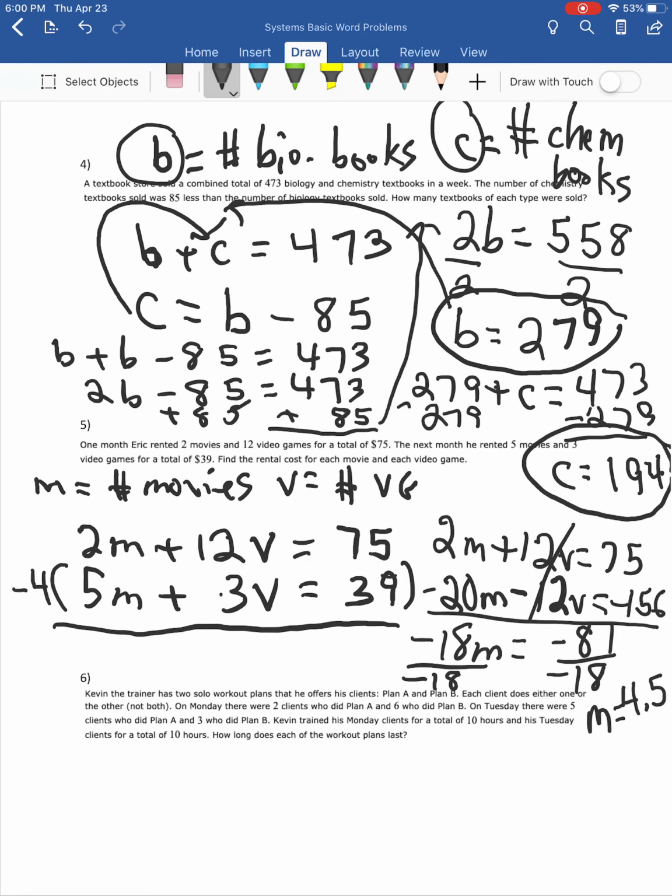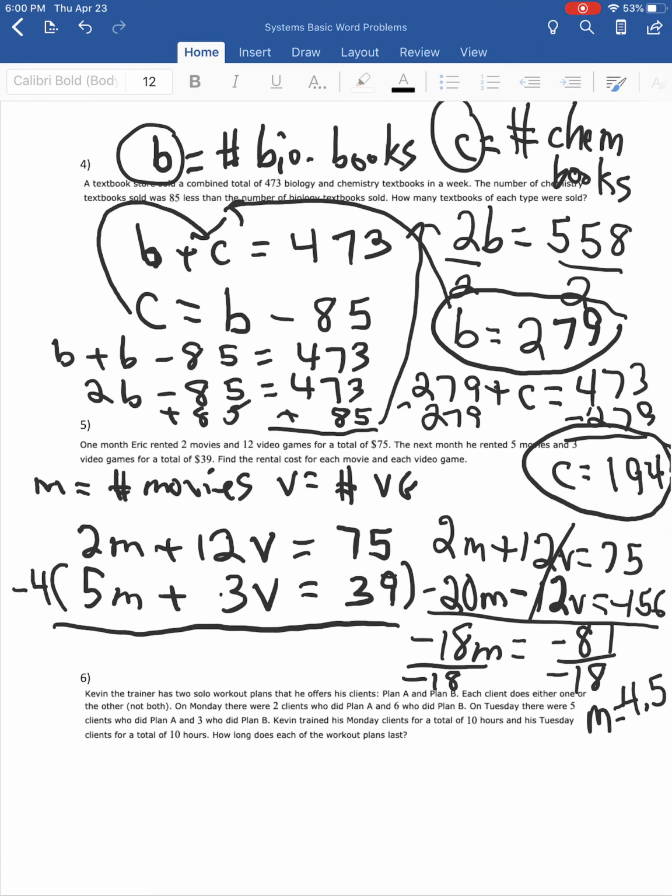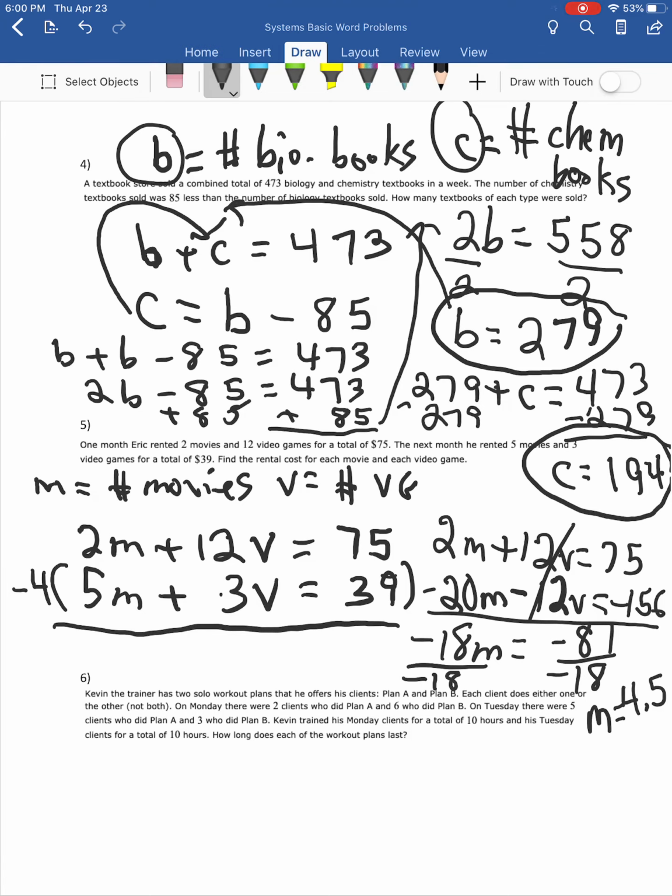Okay, let's scroll down. Actually, let's do this over here. Okay, so M is 4.5, so movie rentals are $4.50. So I'm going to go into the top equation, substitute that in.